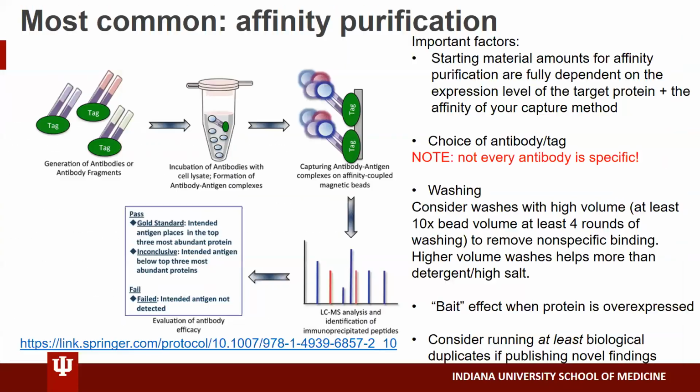I will make one more comment on this. If people come to me and ask for a general starting amount, I do recommend that you start with somewhere around 10 milligrams of starting material for most proteins, which is the larger amount of material that we actually request for some of the experiments that we'll talk about in a little bit as well. So 10 milligrams is what I recommend.